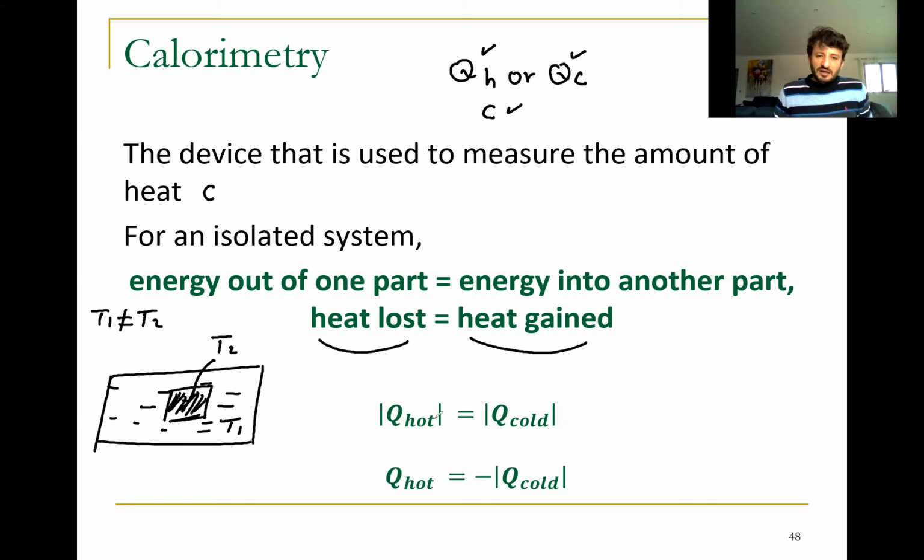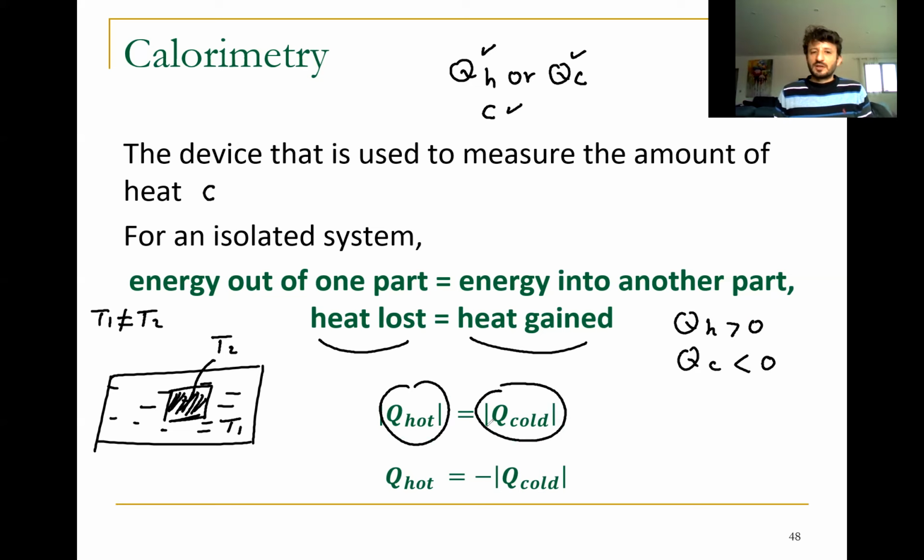In general, Q hot is a positive value and Q cold is a negative value. So the magnitude of Q hot is equal to the magnitude of Q cold. But Q hot as a value equals minus Q cold, because Q cold has a negative value.